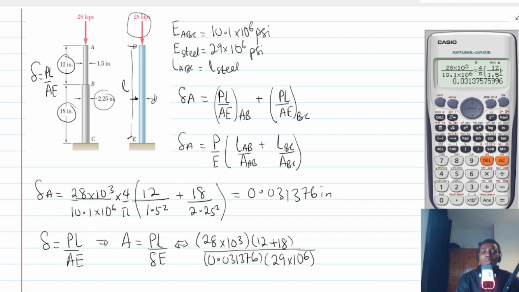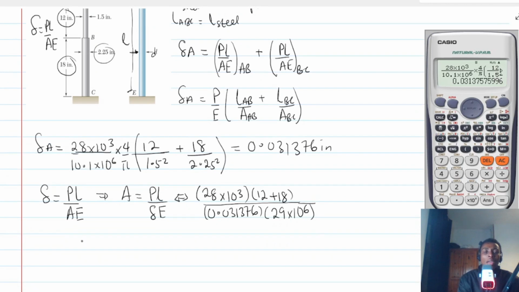Our area will be 28 times 10 to the power 3, multiplied by 12 plus 18, divided by 0.031376 multiplied by 29 times 10 to the power 6.